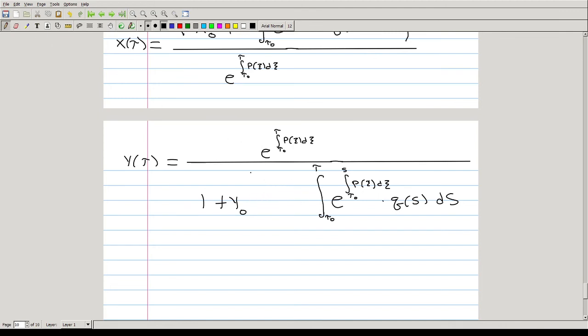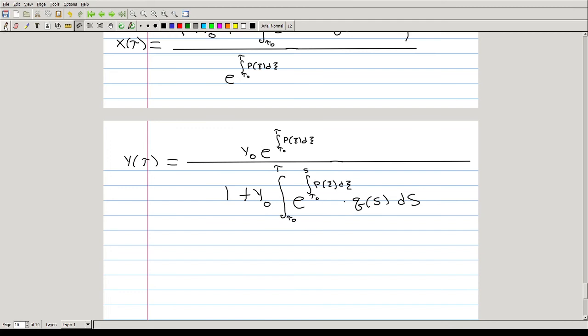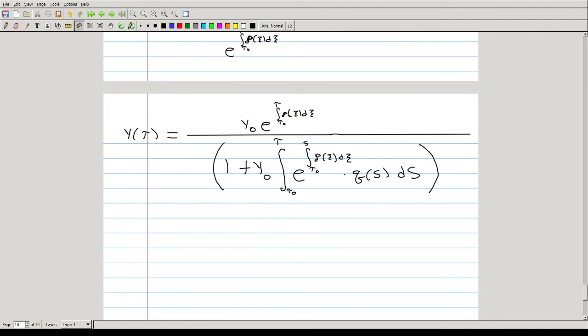And if we bring the denominator to a common denominator, we have to also multiply the numerator by y naught. But there you have it. This is our solution for y of tau.